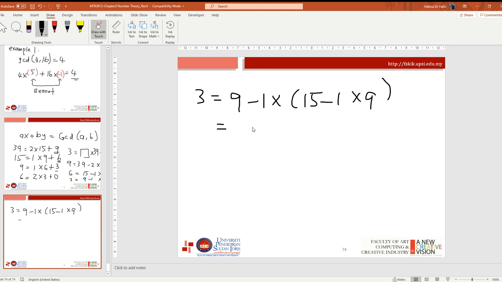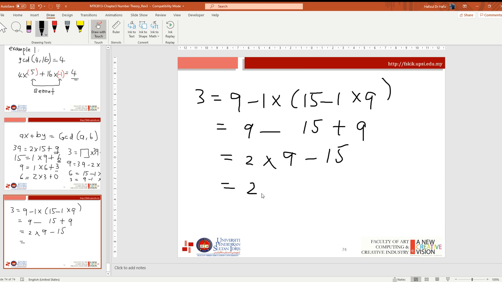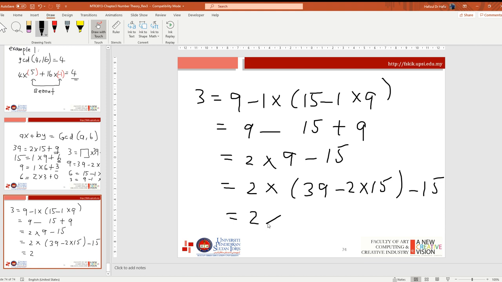Kemudian kita akan dapat 9 tolak 15 tambah 9 sama dengan 2 kali 9 tolak 15. Lepas tu sama dengan 2 kali 39 tolak 2 kali 15 tolak 15 sama dengan 2 kali 39 tolak 5 kali 15.